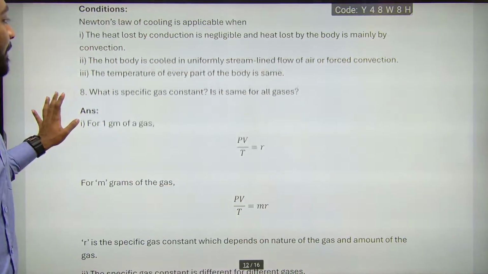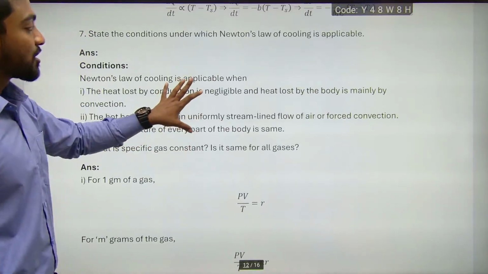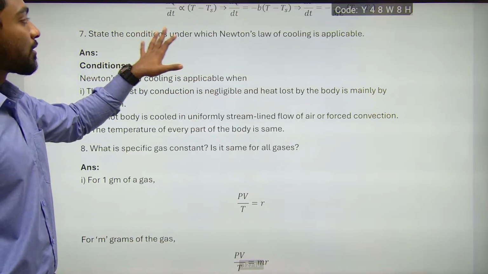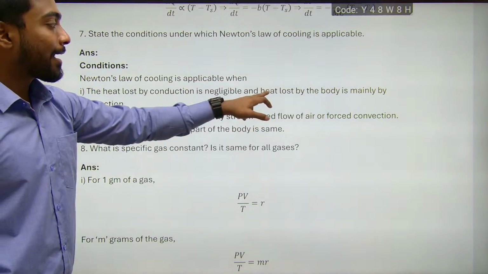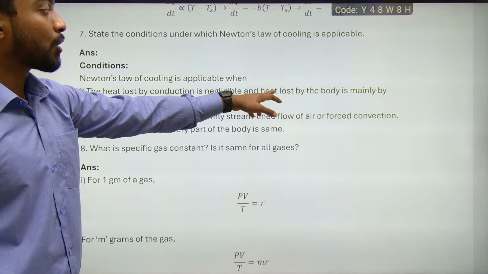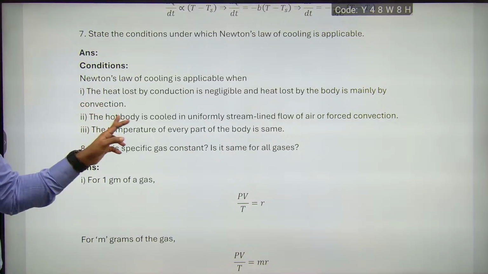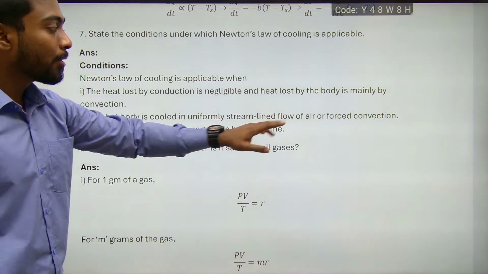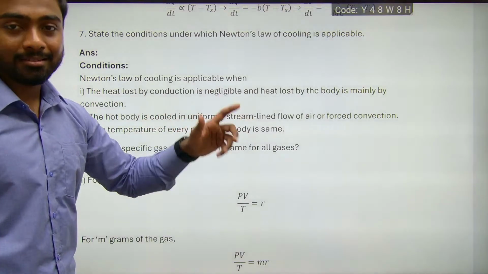Then the temperature of every part of the body is the same. These are the conditions for Newton's law of cooling.